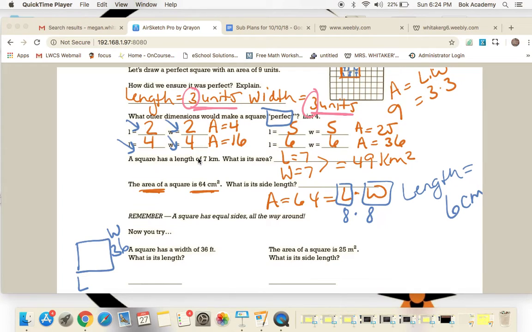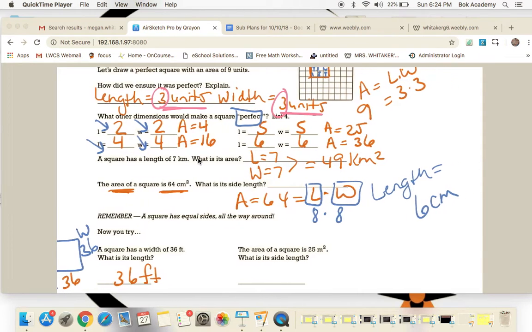Both sides, the length and the width, are equal or the same. So if the width is 36, then I know the length also has to be 36 feet. Thank goodness they were not asking us to find the area, because I do not want to multiply 36 times 36 right now.